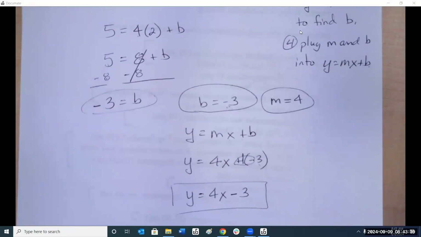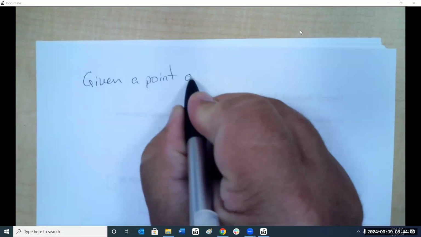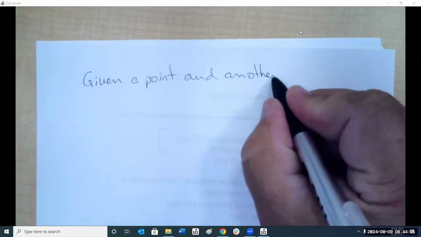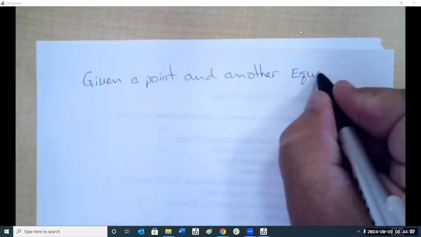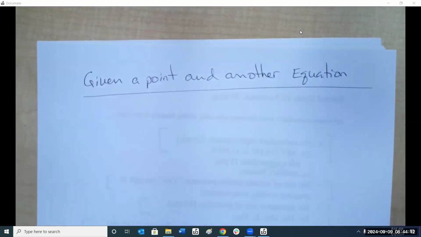So that's if I give you a point and a slope, or 2 points. What if I give you a point and another equation? This is still finding equations of lines.